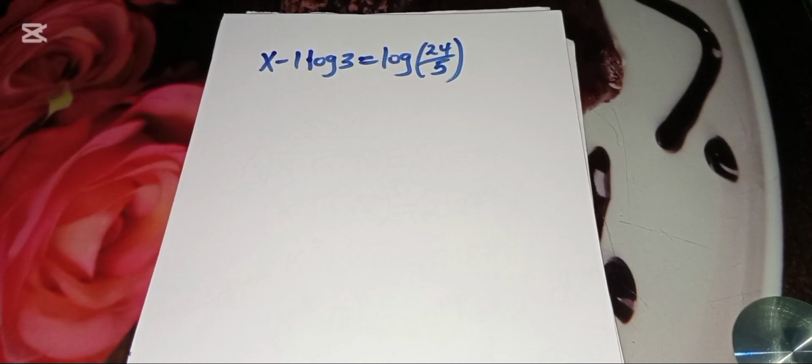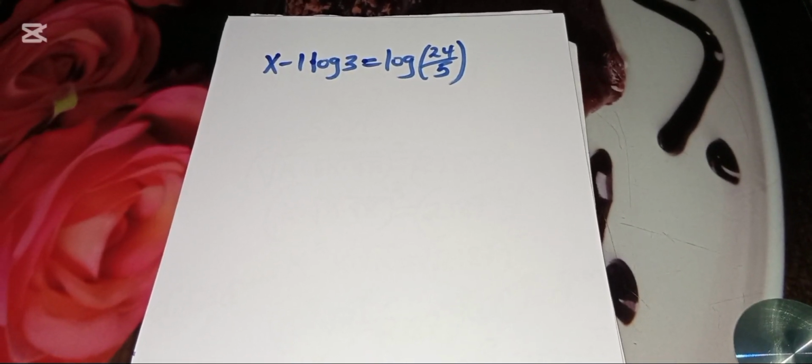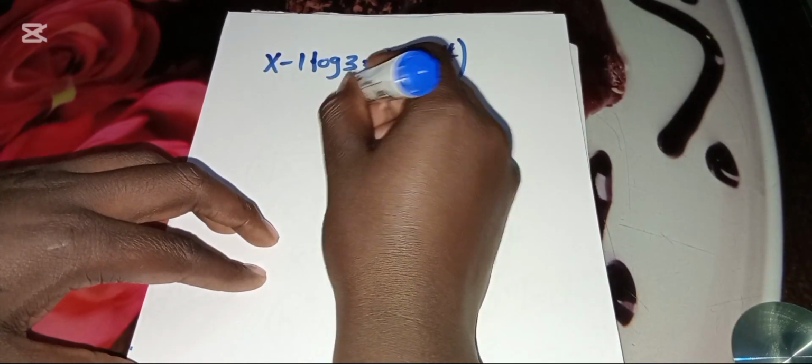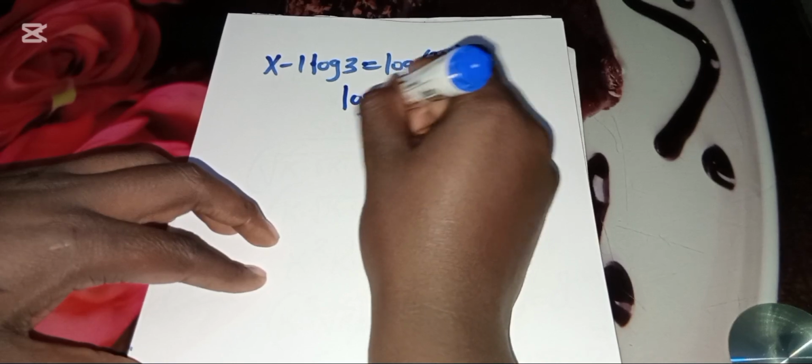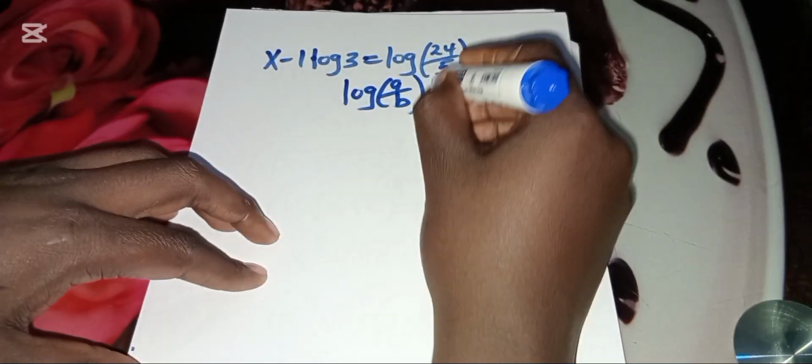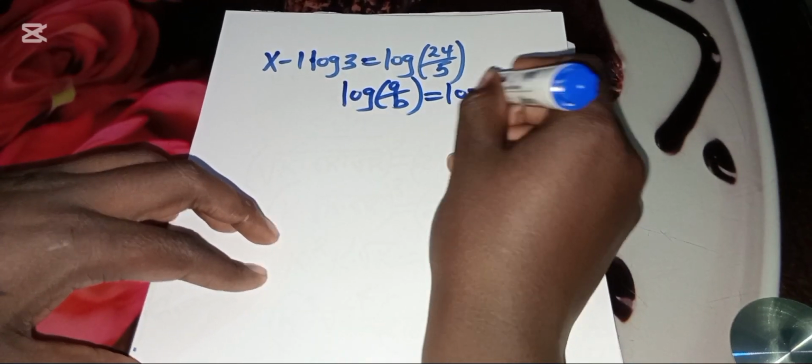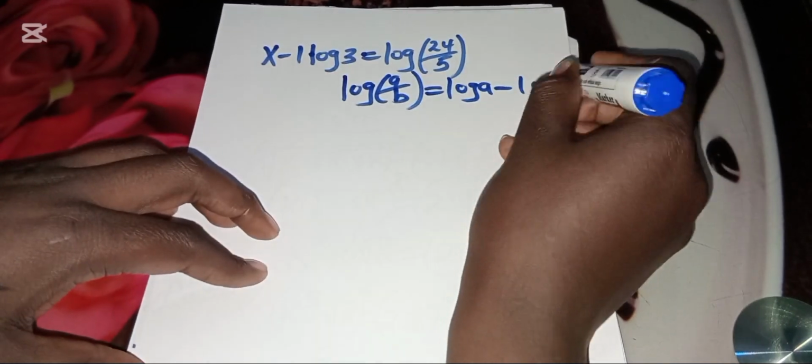So applying the second identity for logarithm, if you have log a divided by b, this can be expressed as log a subtract log b.